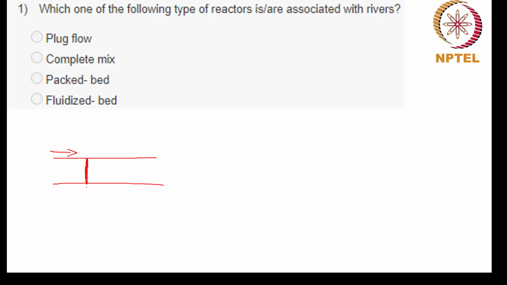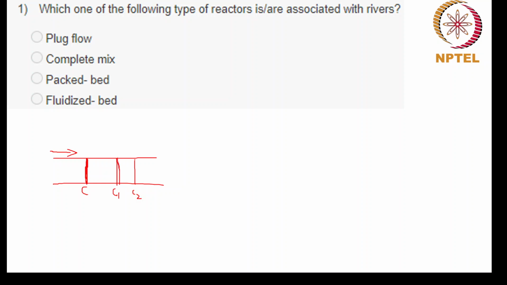Let us assume the concentration of pollutant here is C. At another section, it will be something different, C1. At another section, it will be C2. So the concentration will not be similar in all the cross sections, but it will be similar within one cross section.